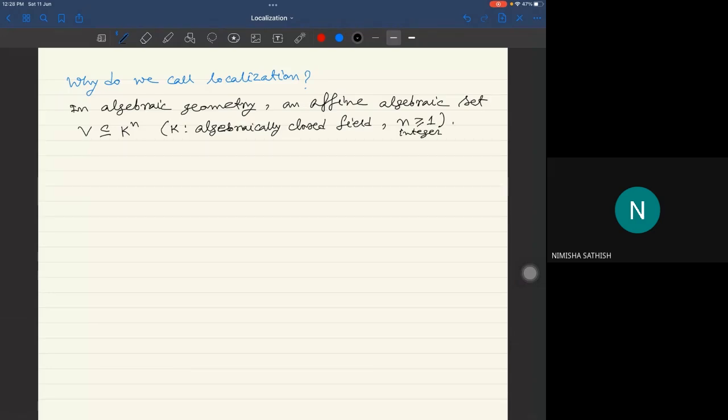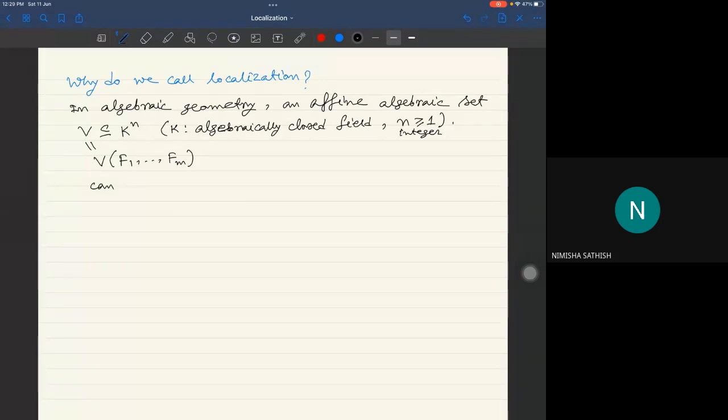And V is a subset of k power n. What do I mean by affine algebraic set? It is just the zero set of some collection of polynomials, let's say f1 up to fm. This kind of subset we call an affine algebraic set.